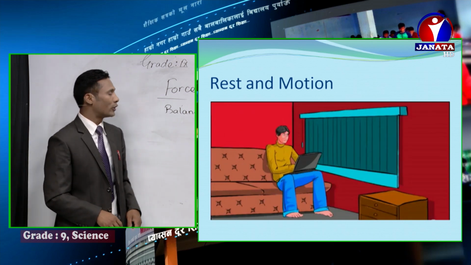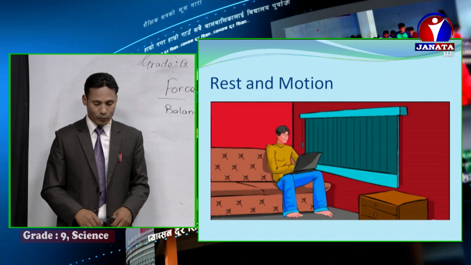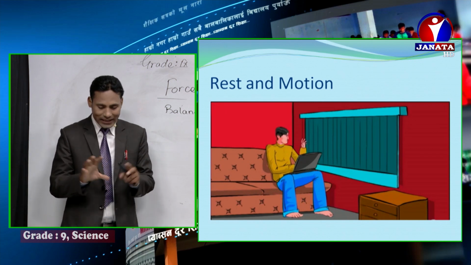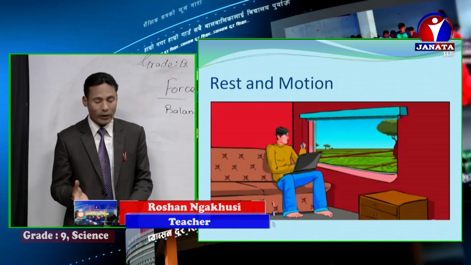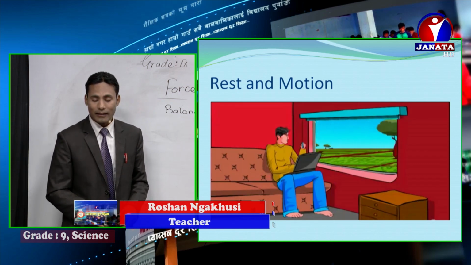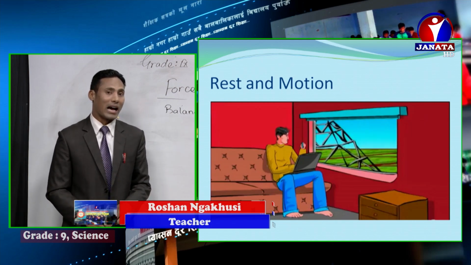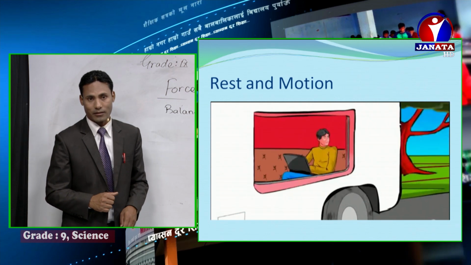So now let's move on to the next heading, that is called rest and motion. You can see one video over there. Now it seems that everything is at rest, right? But whenever the window gets opened there, we can see that every object seen outside is moving in the backward direction, right?